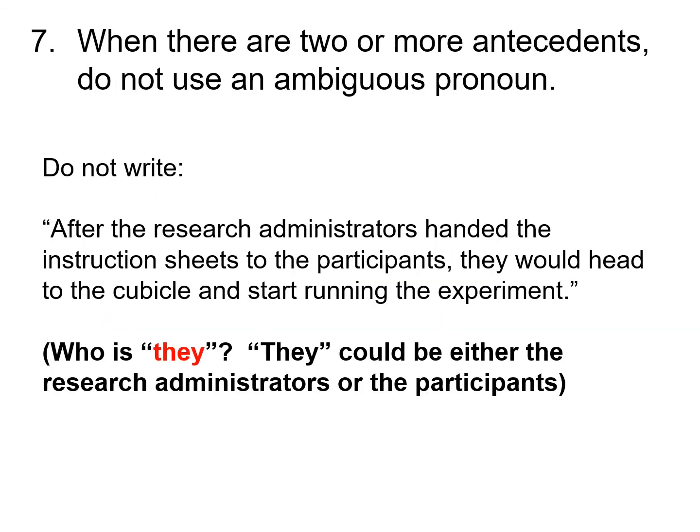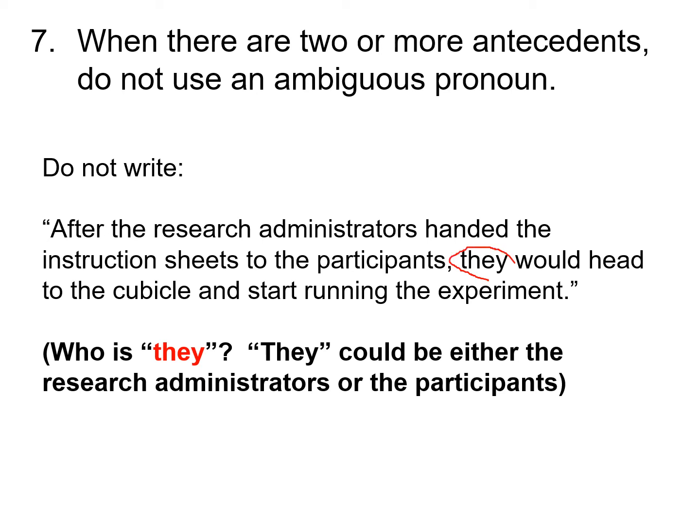Okay, next one. When there are 2 or more antecedents, do not use the ambiguous pronoun. This is the example that I gave you. After the research administrators handed the instruction sheets to the participants, they would head to the cubicle and start running the experiment. Well, who is they?